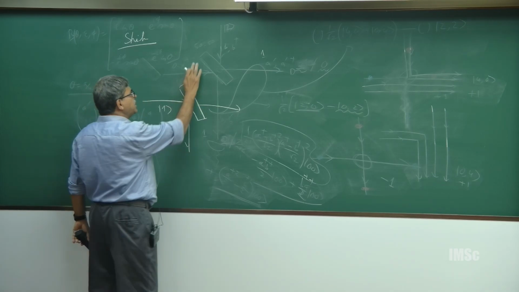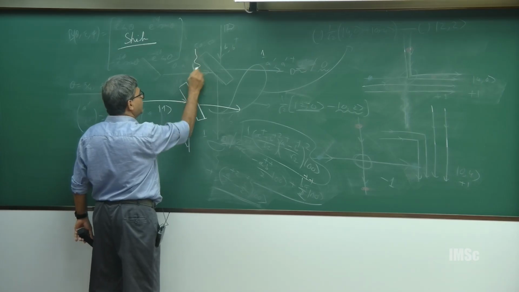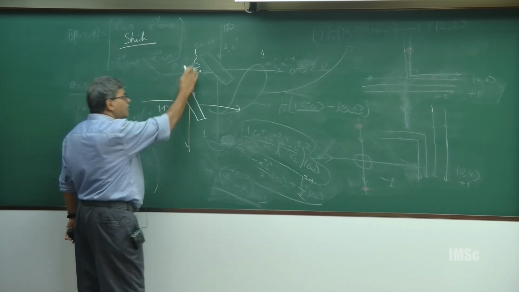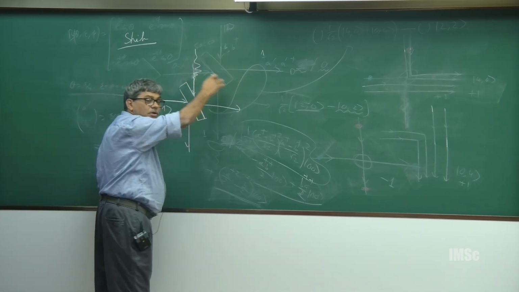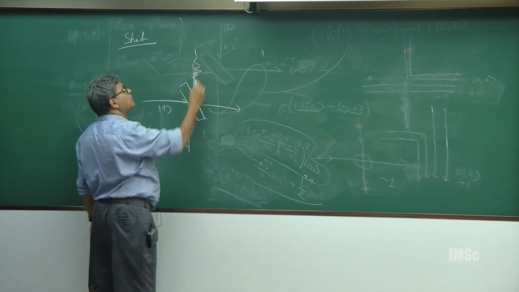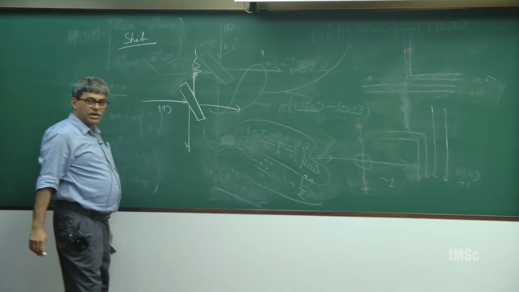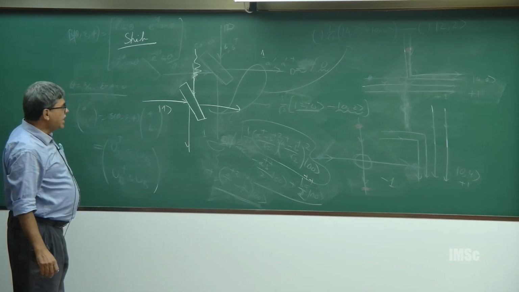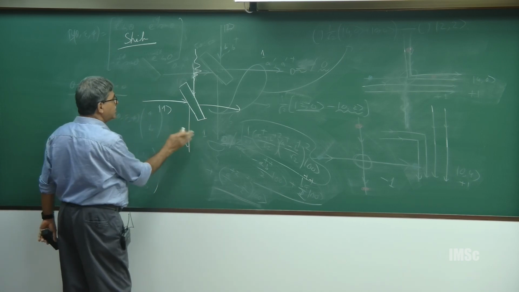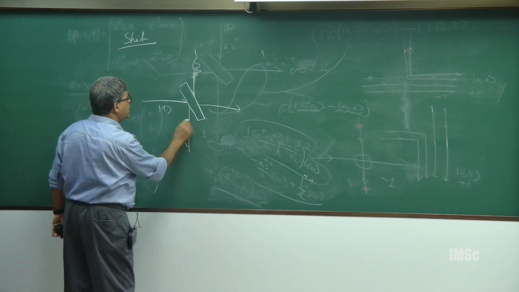So you put a delay line here. How will you do that? There are different ways. You can send the photon in a longer path so that they will not come together. You can put a phase shift here, and then either in this path or this path, maybe here you put another delay.